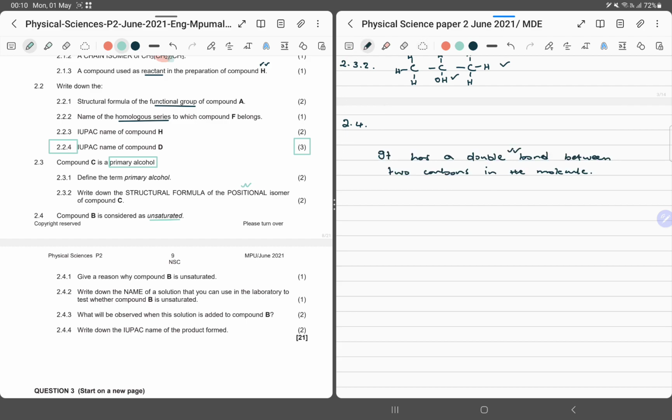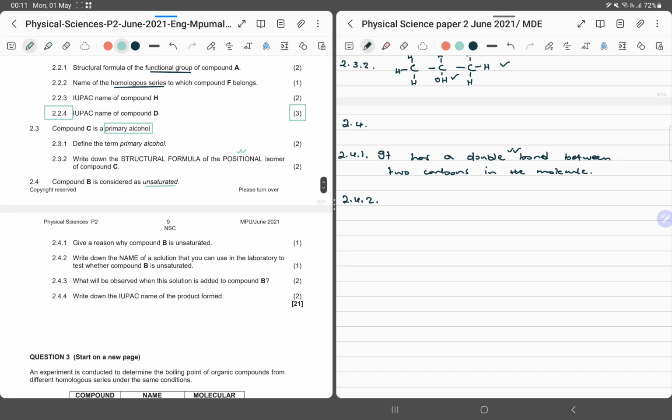So this is 2.4.1. So 2.4.2 says write down the name of a solution that you can use in the laboratory to test whether compound B is unsaturated. You know that we use the iodine solution.